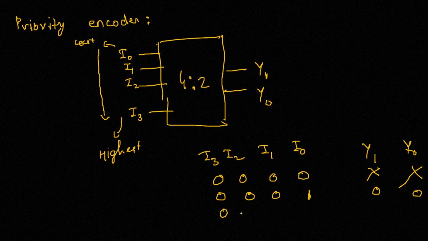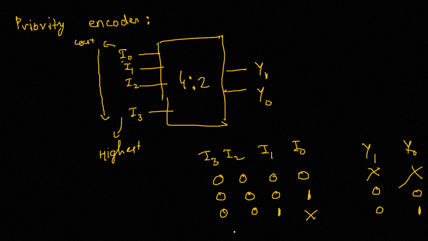Then if we have 0, 0 and this is 1, I1 has a higher priority than I0. So if we have I1 as 1, then the value of I0 doesn't matter because the higher priority is given to I1. So we have I0 as a don't care condition, and this gives 0, 1.